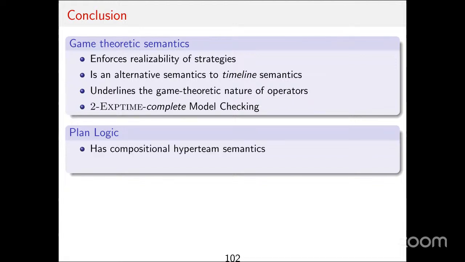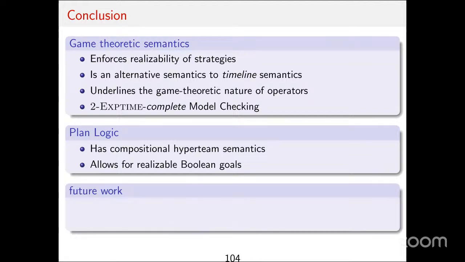Plain logic is a new logic that has compositional hyperteam semantics and allows for realizable Boolean calls. I haven't shown you, but the logic is completely well defined for the whole variety of combination of goals.